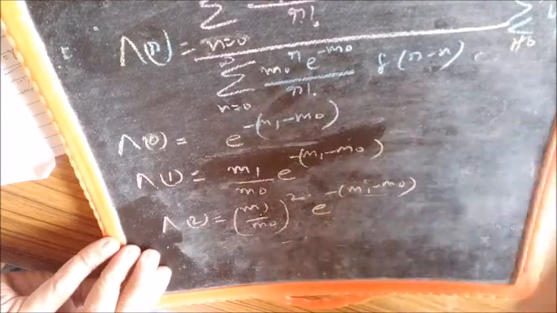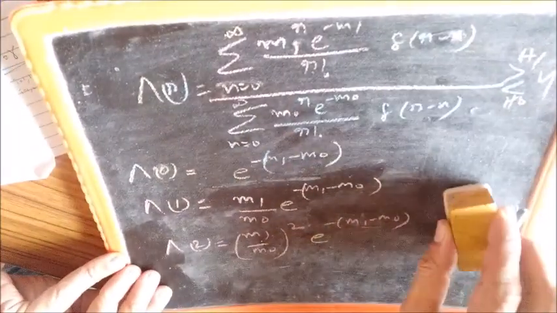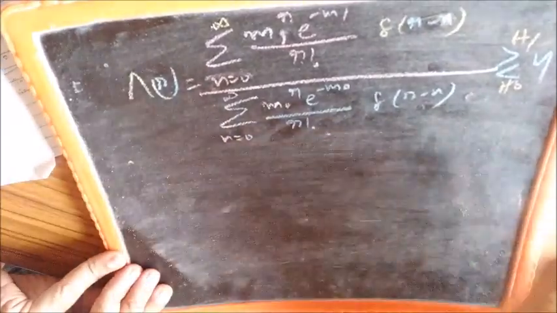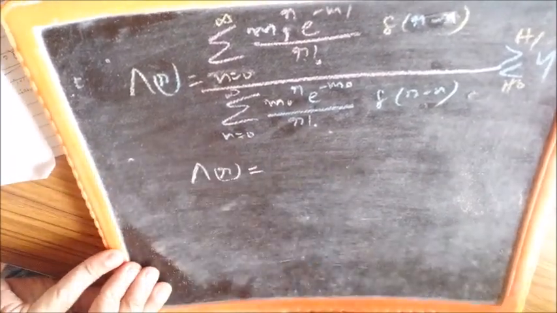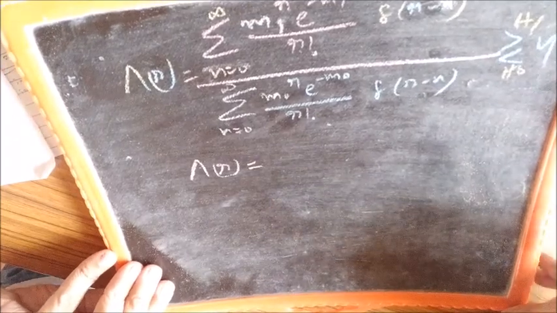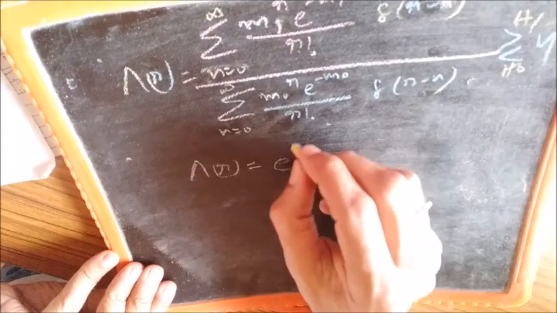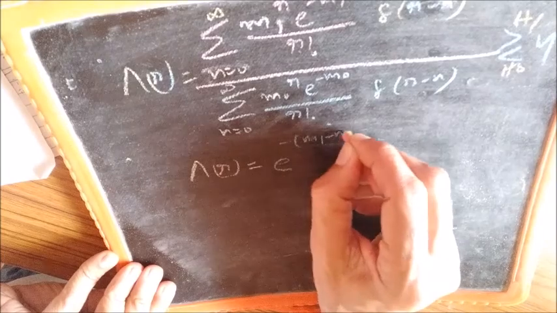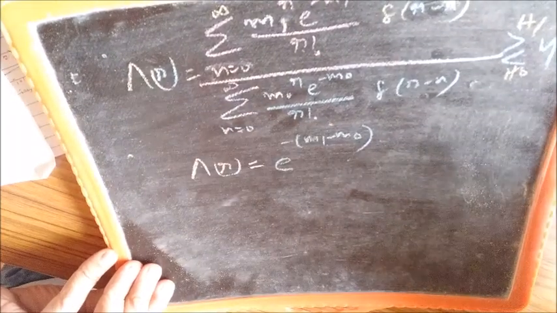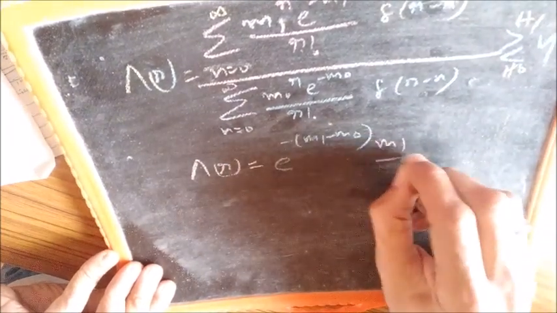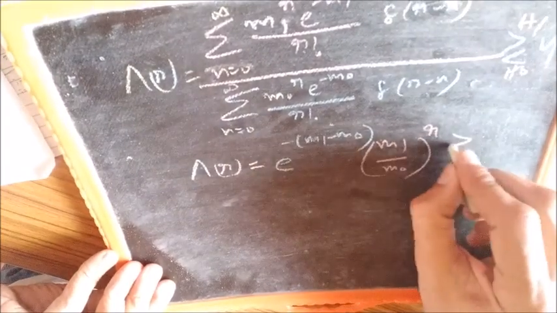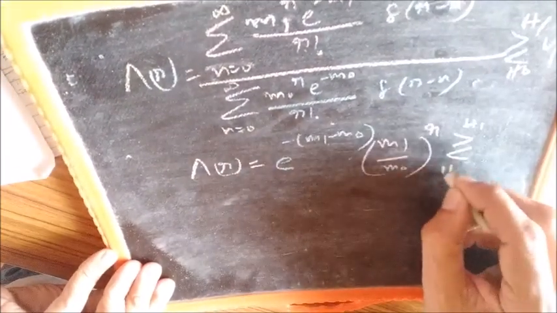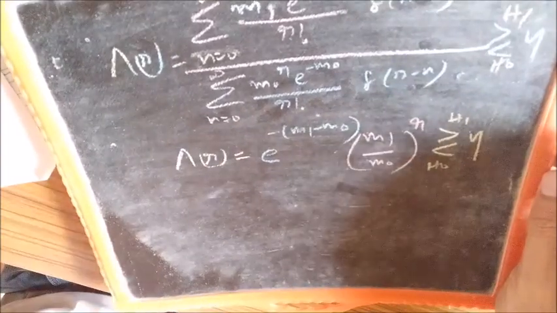So in general, from this trend, we can see that the likelihood ratio is equal to e raised to minus m1 minus m0, m1 by m0 raised to R. And this is what we compare with eta.